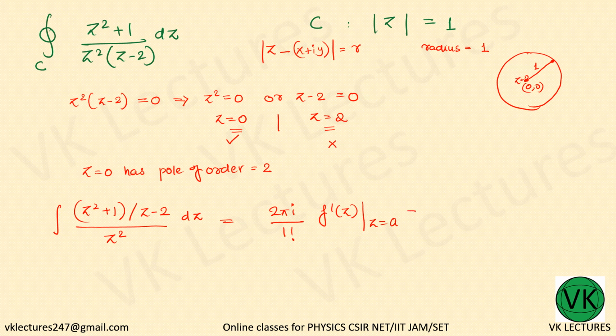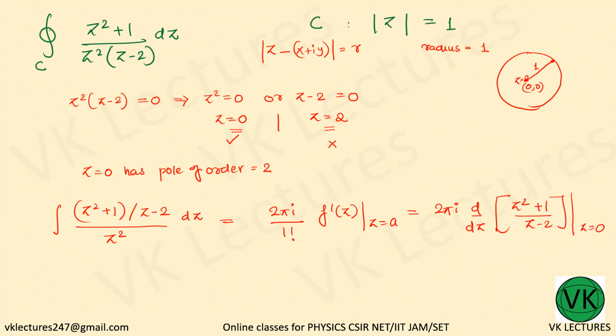Now that can be written as 2 pi i into d by dz, the first derivative of whatever is in the numerator, z square plus 1 divided by z minus 2, at z equal to 0.